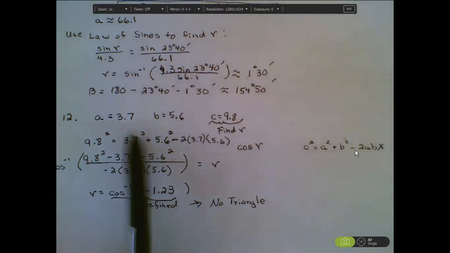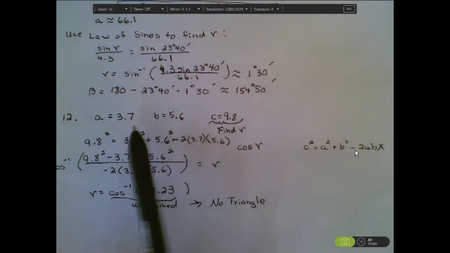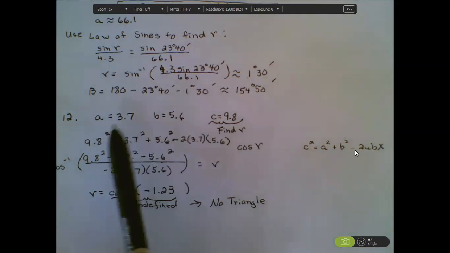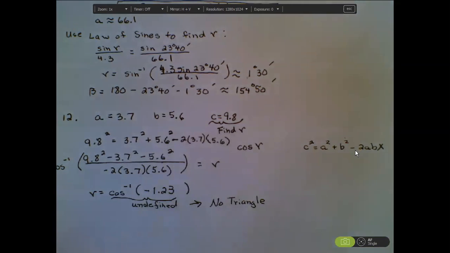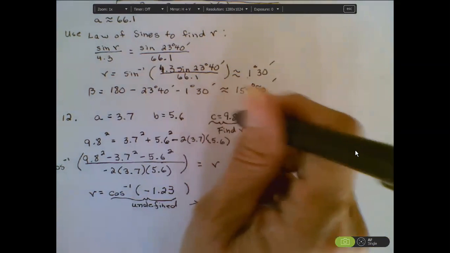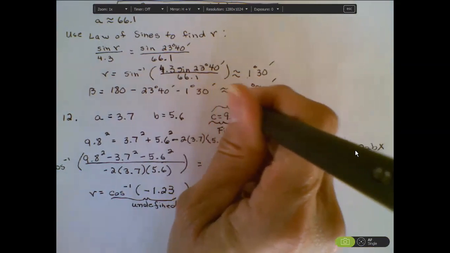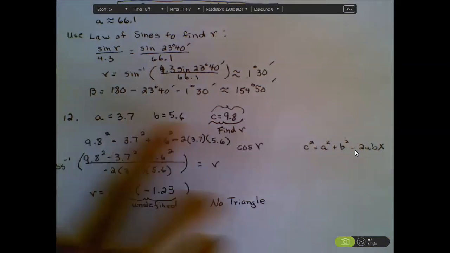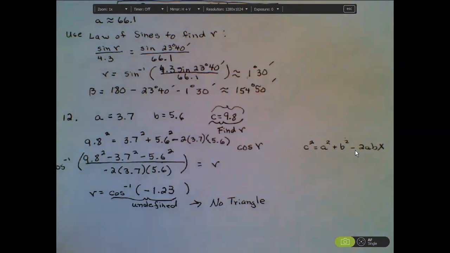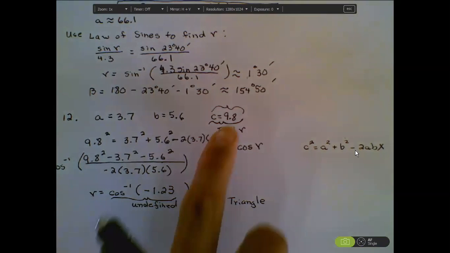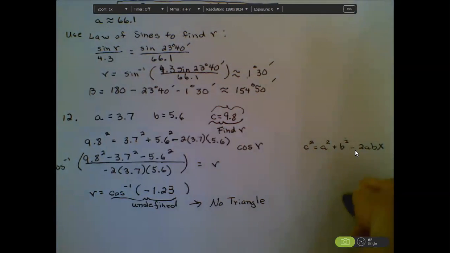Someday I'm actually going to bring sticks with me to show you why you can't put those 3 together as a triangle. It's because of the relationship between the length of this one and the length of the other 2. This one is about twice as long as that one.